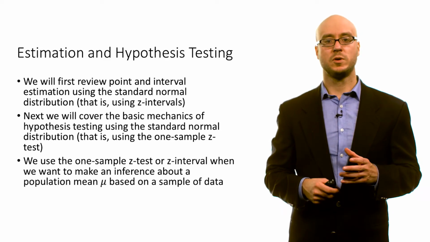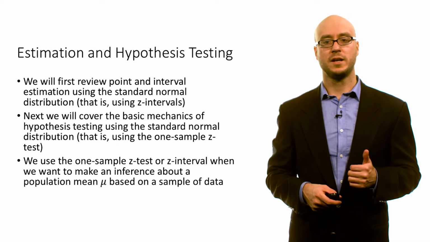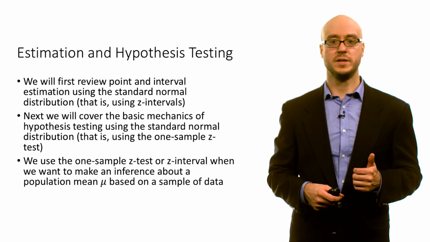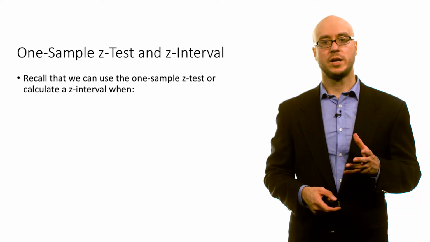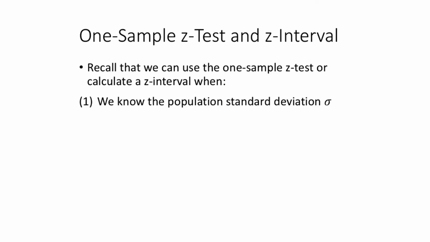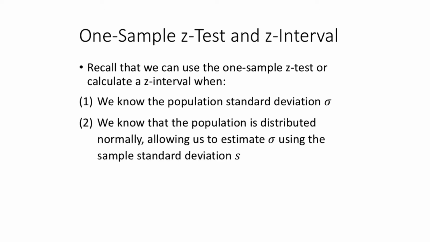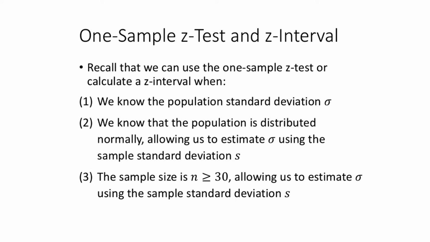We're going to use the one-sample z-test or z-interval when we want to make an inference about a population mean mu based on a random sample of data. So recall that we can use the one-sample z-test or z-interval when we know the population standard deviation, sigma, we know that the population is distributed normally, allowing us to estimate sigma using the sample standard deviation s, or the sample size is greater than or equal to about 30, allowing us to estimate sigma using the sample standard deviation s.